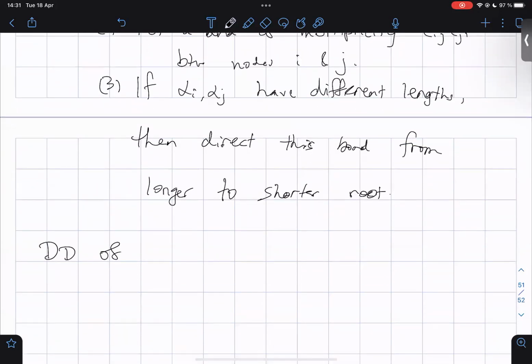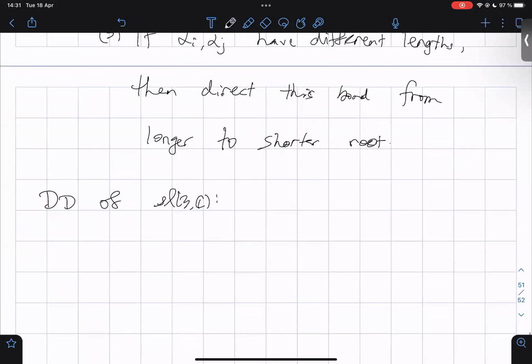So the Dinkin diagram of SL3 is the following. You have two nodes, and then you have a bond between them, right? Because C12 and C21 were both -1. So their product is 1.